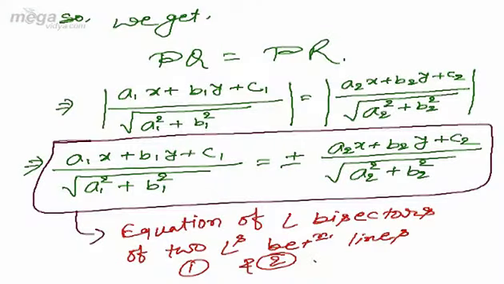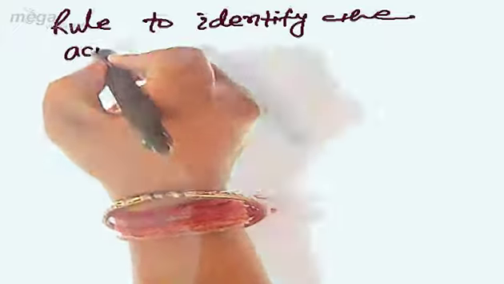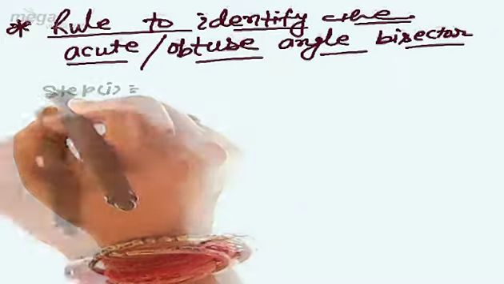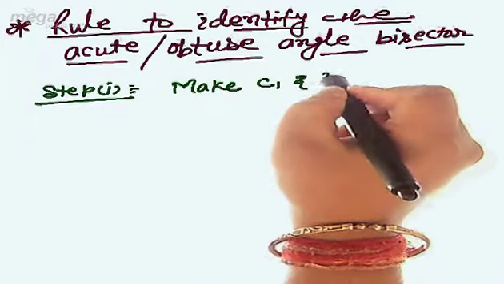To get this, I'm writing here the rule to identify the acute and obtuse angle bisectors. The first step is always to make C1 and C2 positive.